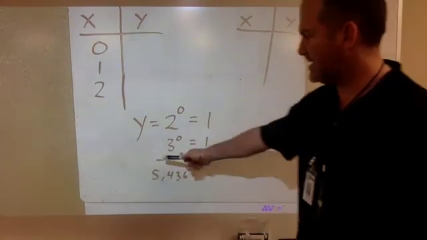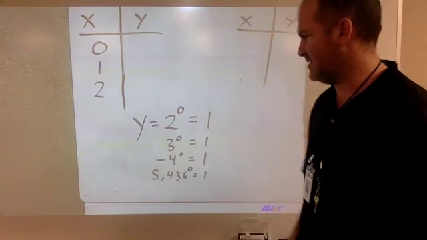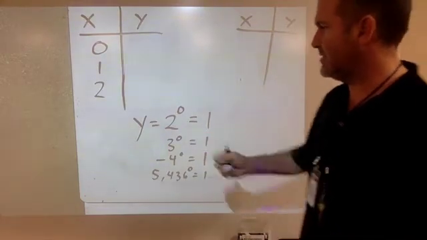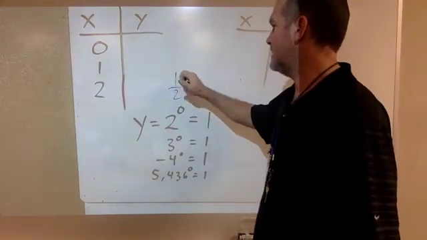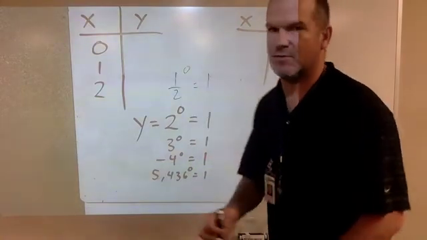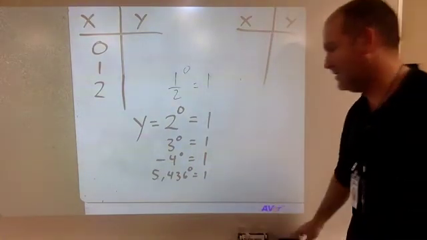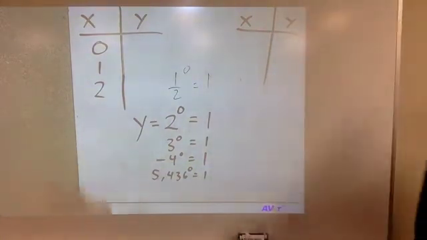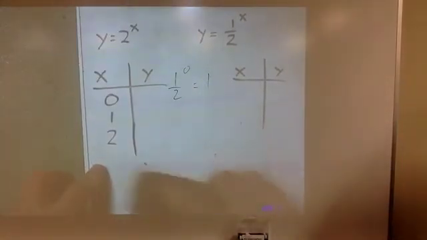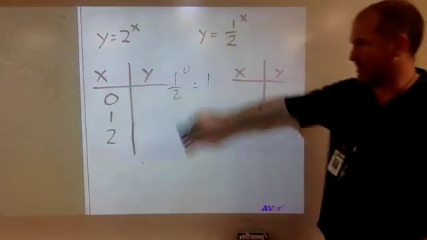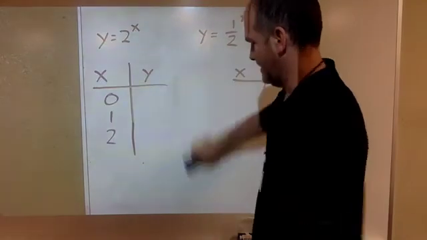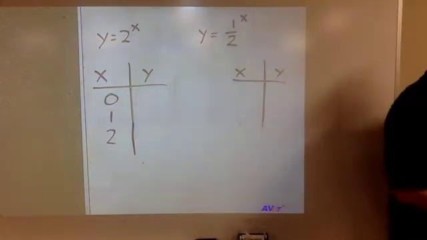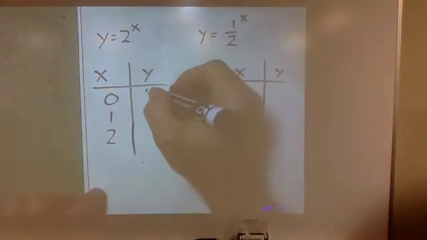Doesn't matter if it's a negative number, doesn't matter if it's a huge number, a small number, it could be a fraction, 1/2 to the 0 power, that equals 1. Anything to the 0 power equals 1. So now that we have that out of the way, it'll be a little bit easier to fill out this table.